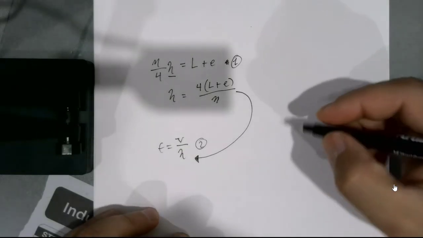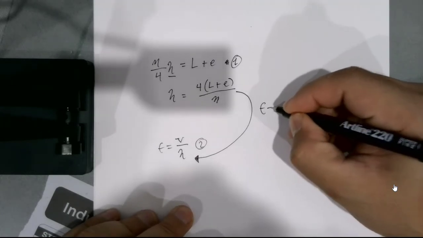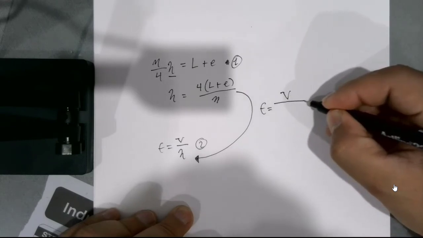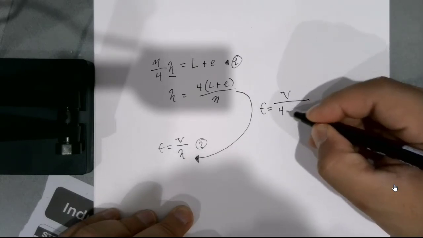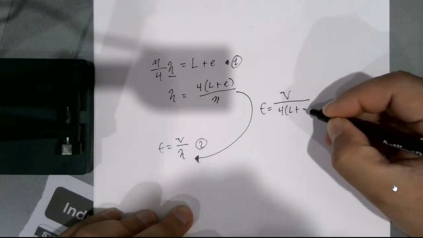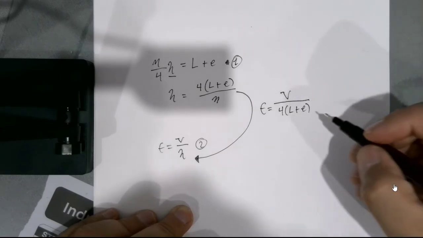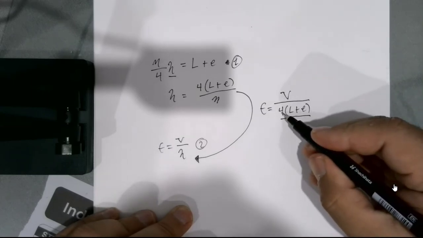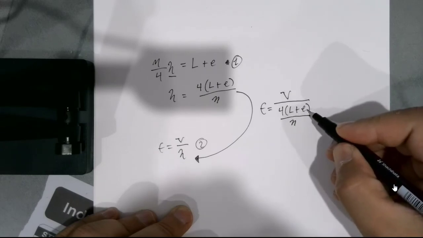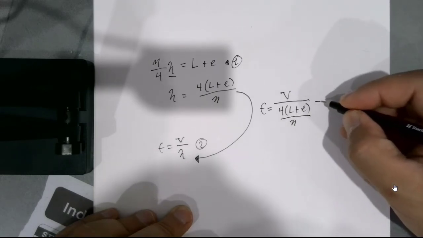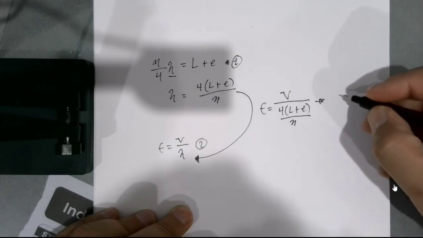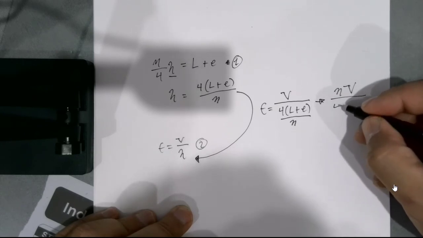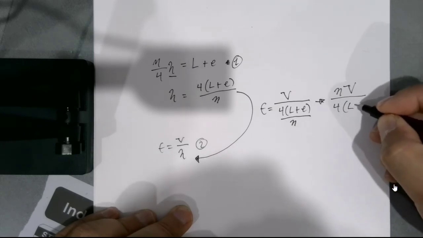So frequency is equal to the speed of sound divided by 4 times the length plus the end correction divided by the nth harmonic. Remember, that 4 gets distributed over each one of those variables. As we simplify, we end up getting something similar to what we had before. L plus E.